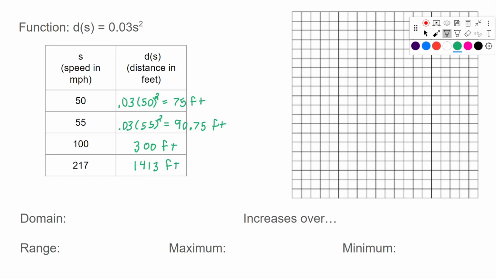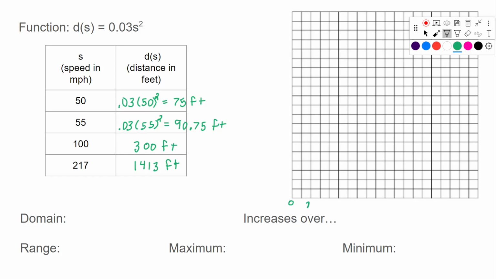So now I'm going to graph this information, and I'm going to count my spaces here. I think I can go by tens. Every line is 10, so we're going to start at a speed of 0.